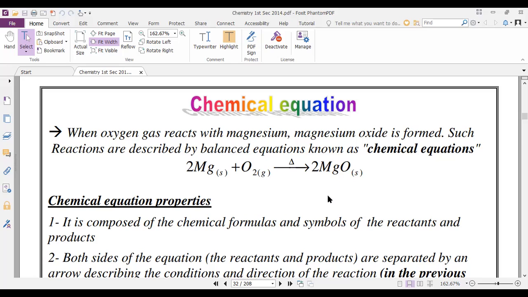If these atoms are solids, we must write the number in front of the letter. But if these atoms are gases, we must write the number of atoms below the letter. Okay? Any problem till now?